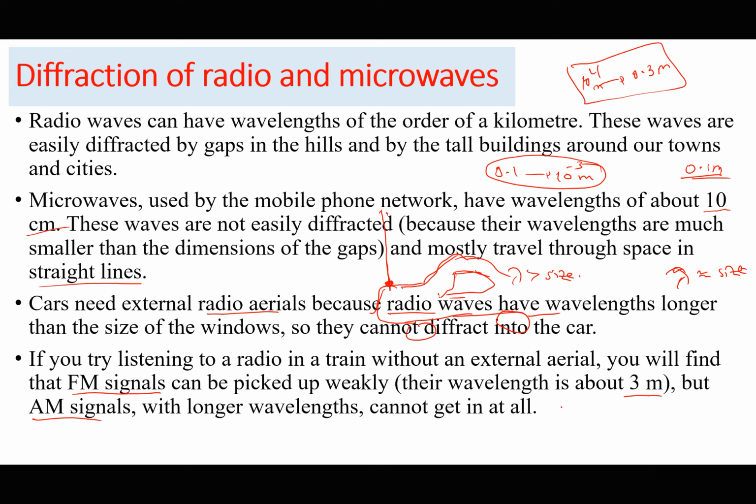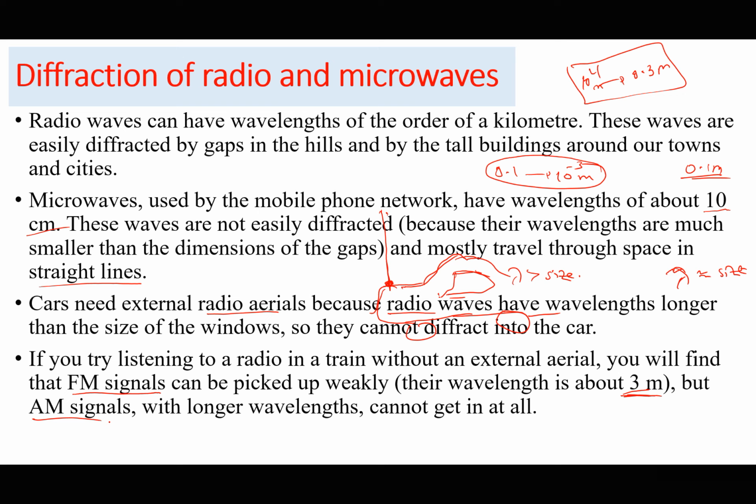So if you're in a train and you listen to an FM radio, you will hear the signal, which is going to be relatively weak, because the frequencies used have a wavelength of about 3 meters. But the AM signals, which have an even longer wavelength in the radio frequency range, will not be picked up because the train has no antenna to receive these signals. They have to rely on diffraction through the holes on the train.